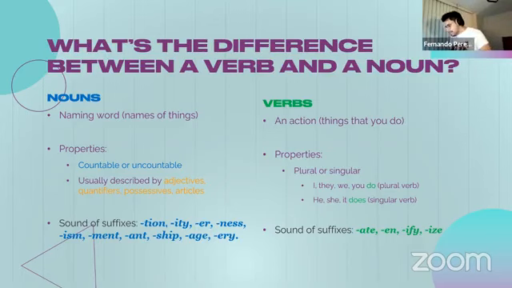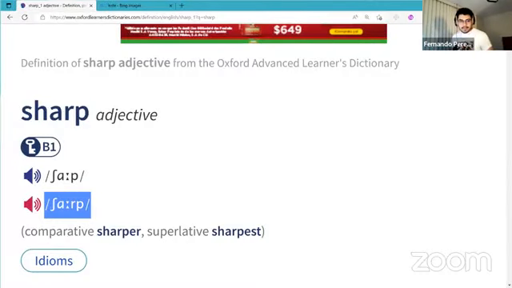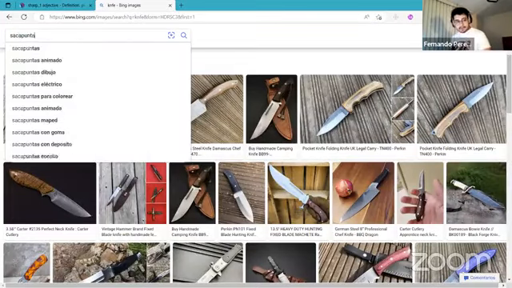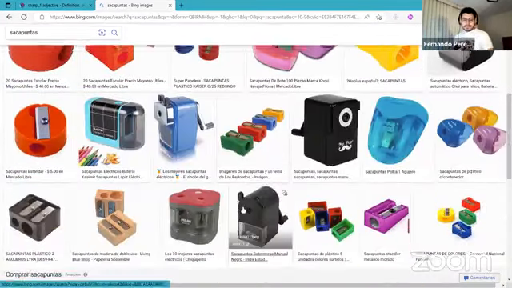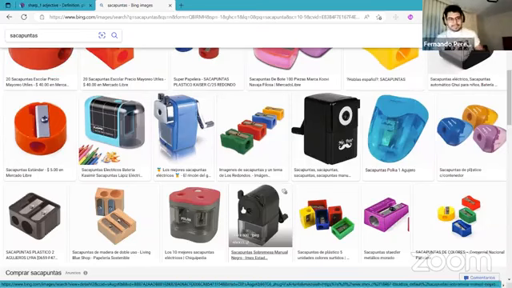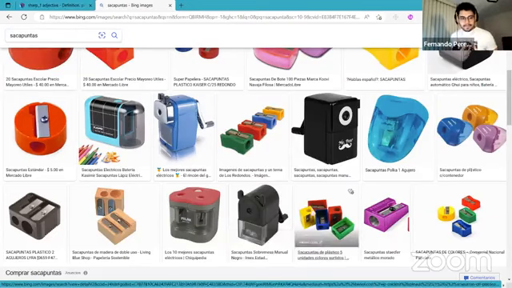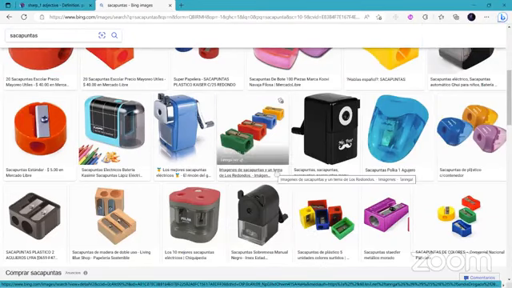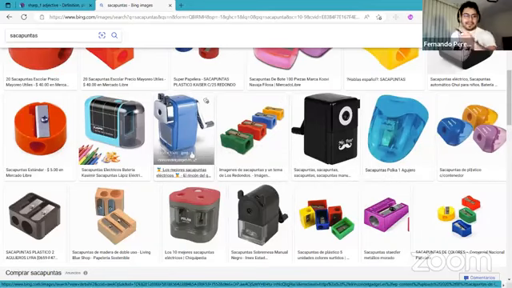And that can help you understand other words. For example, how do you say this in English? Who can imagine the name of this in English? Because it's to sharpen your pencils.